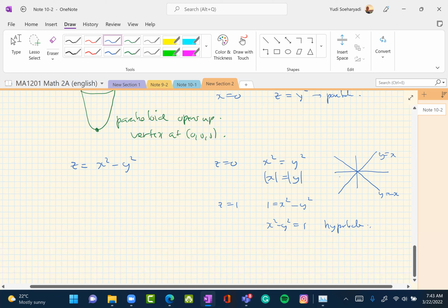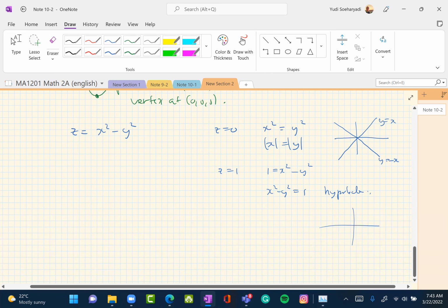Okay, so hyperbola with something that looks like this one. x cannot be zero, right? So this is hyperbola.